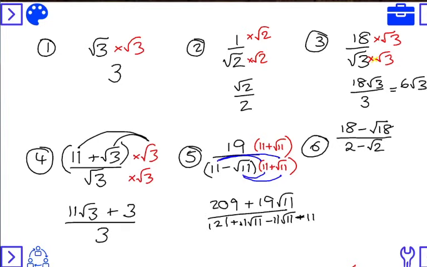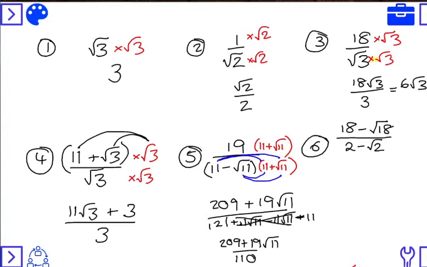So tidying up the denominator, the middle two terms cancel out, and 121 take away 11 will give me 110 as my denominator. The numerator remains unchanged because there's nothing I can simplify with that question.